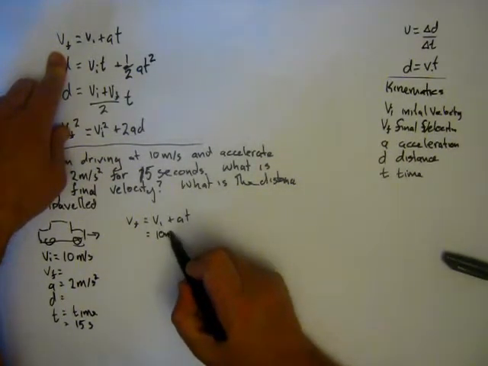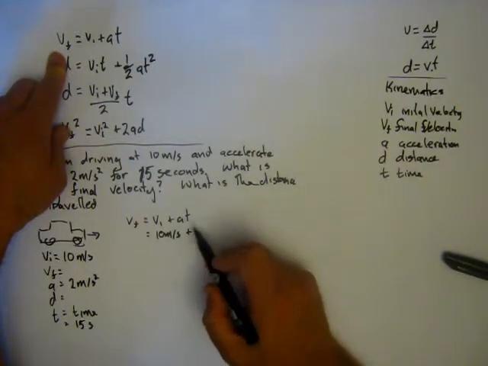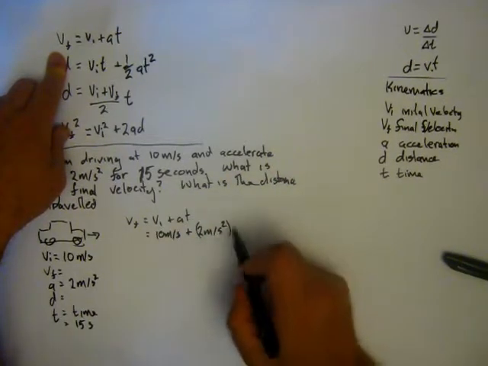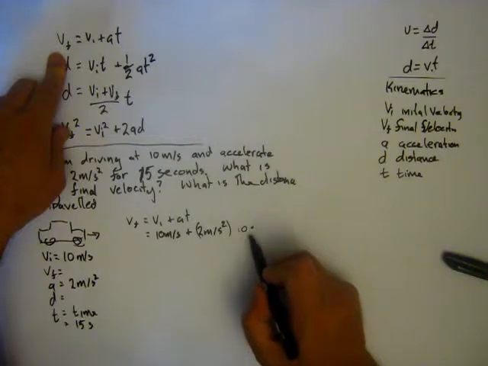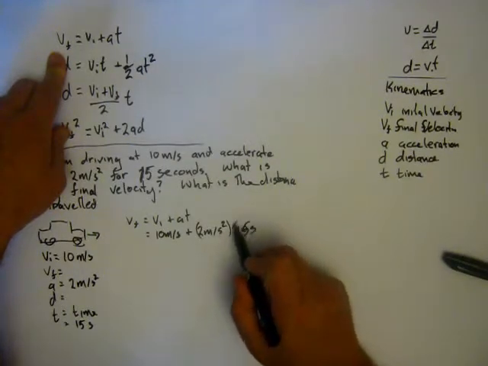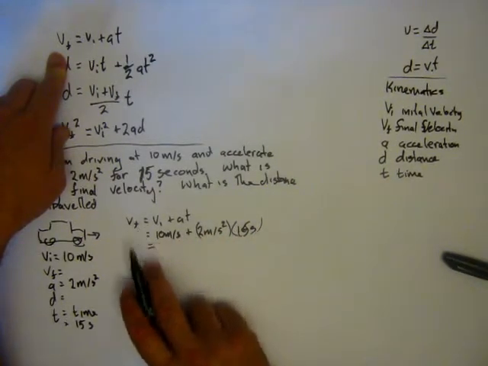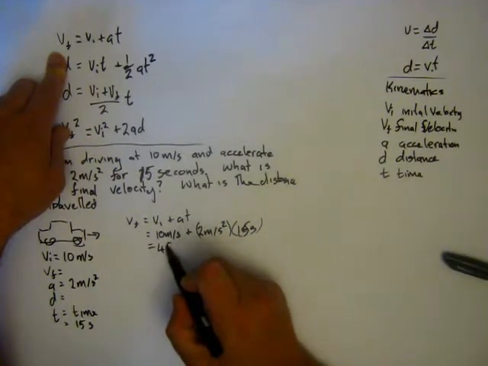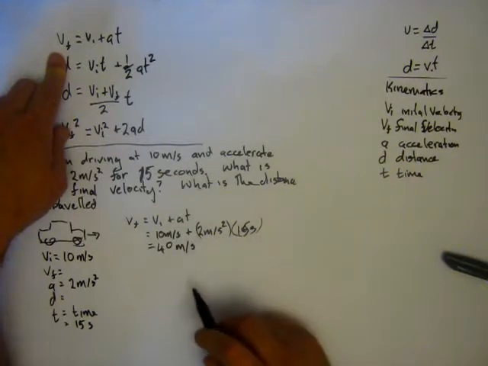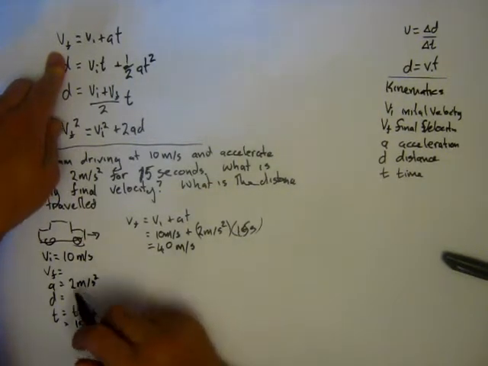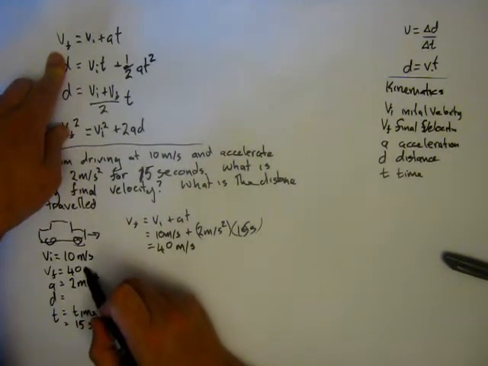Equals 10 meters per second plus 2 meters per second squared times 15 seconds, equals 2 times 15 is 30 plus 10, 40 meters per second. Oops, I am way over the speed limit there. Hopefully there's no traffic cops around. Okay, so I now know this one, 40 meters per second.